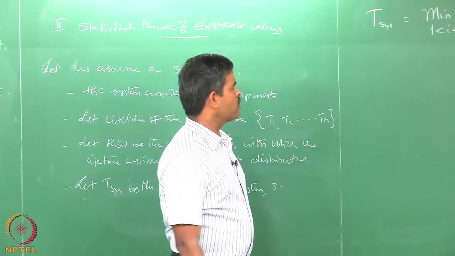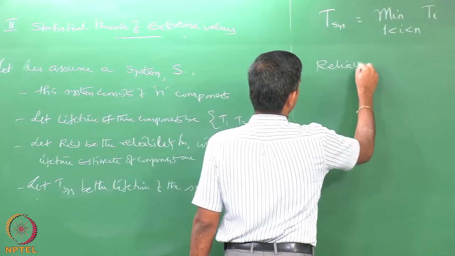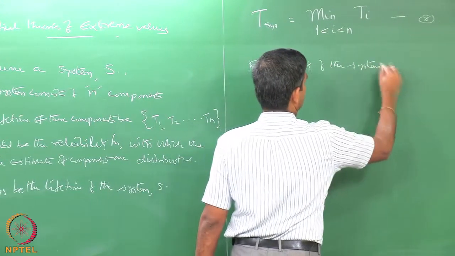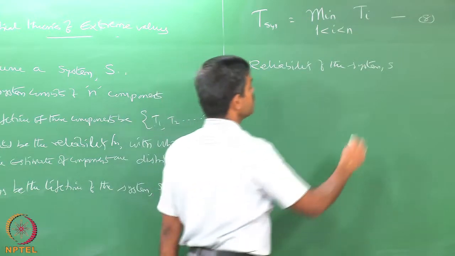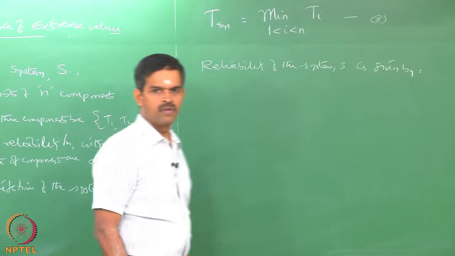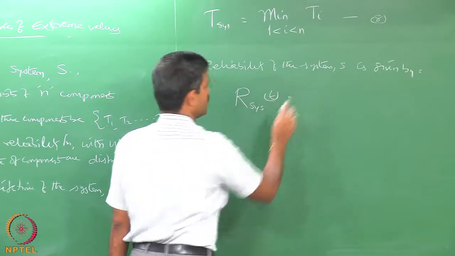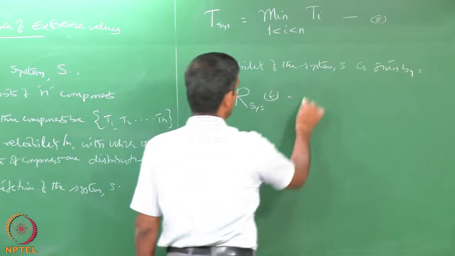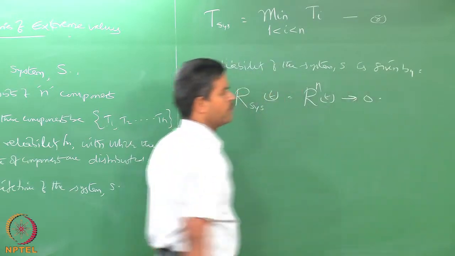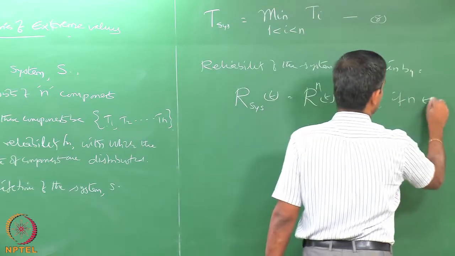I am also interested in knowing the reliability of the whole system. So, reliability of the system S is given as a function of time, which will be Rn of t, if n tends to infinity.